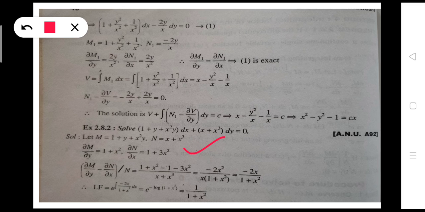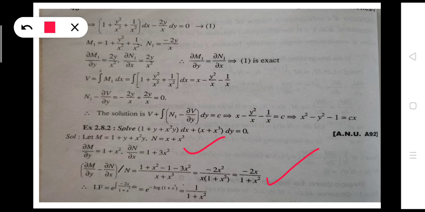We have only minus 2x square by, in the denominator x is common, so x into (1 plus x square). Now simplifying, x gets cancelled, and we have only minus 2x by (1 plus x square). This is the value of 1 by N into (dou M by dou y minus dou N by dou x), and this is also equal to f of x only.